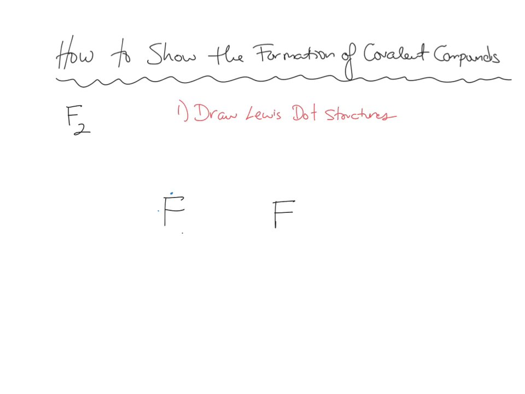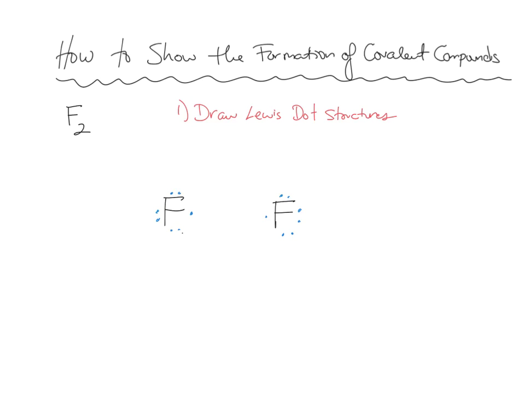Now, just to make my life easy, I'm going to make sure that the two single dots are facing each other. And you'll see why in a minute. All right, so if you notice, each F needs one extra electron.